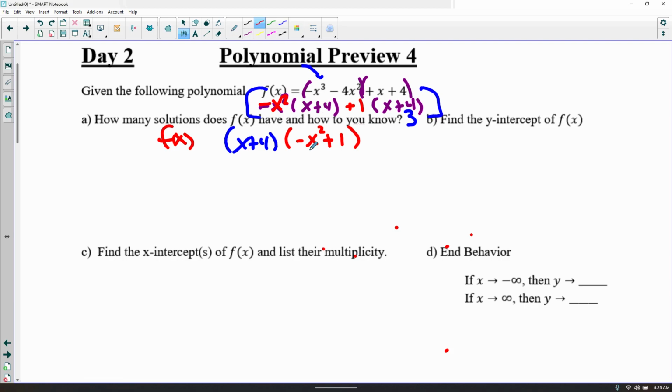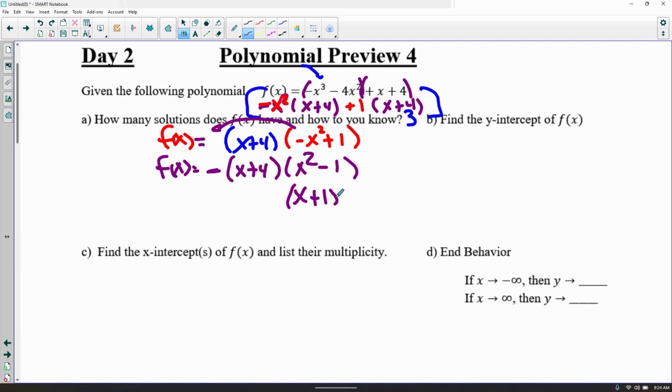Now, that negative x squared, we can change that and pull out the what? The negative, and make that an x squared minus 1. And then what can you do with the x squared minus 1? Yep.